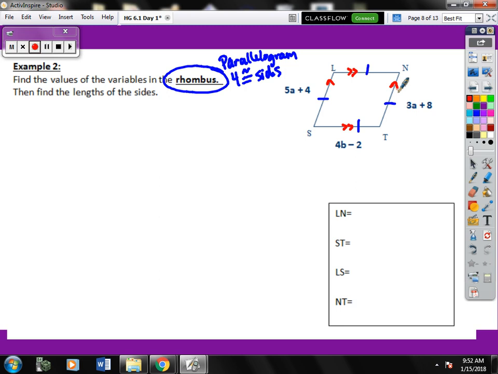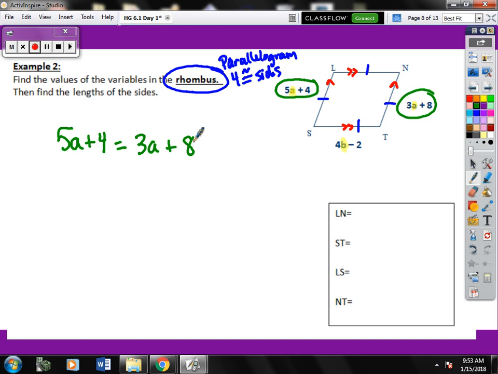Now, looking at our side lengths, we have an A here. We have a B here. We have an A there. Okay, all 4 of them have to be the same length. I would choose to set equal the ones that have the same variable, which are these two. And then once we figure out what that is, we'll plug it back in, find the side length, and then we'll be able to figure out what B is. So we would have our 5A plus 4 equals 3A plus 8.